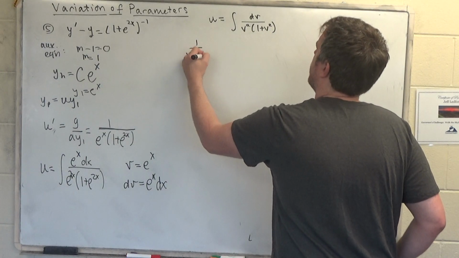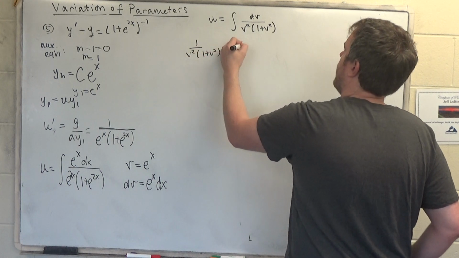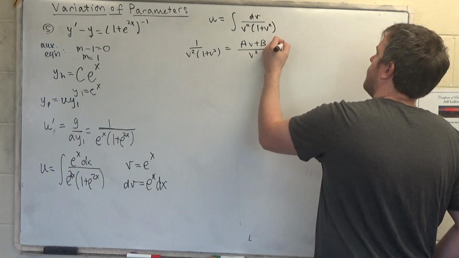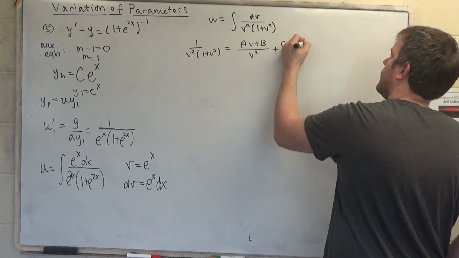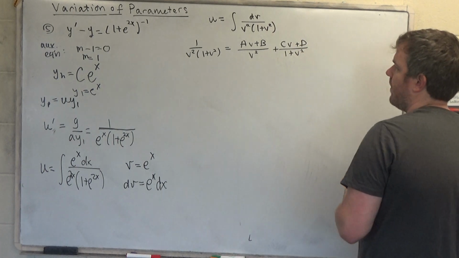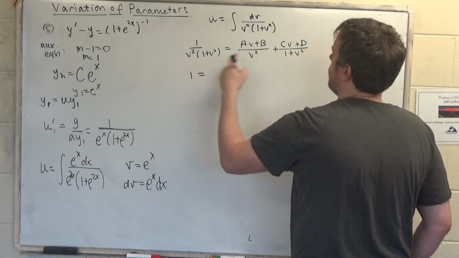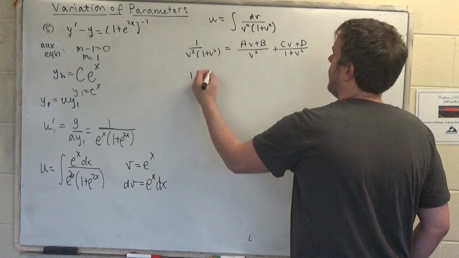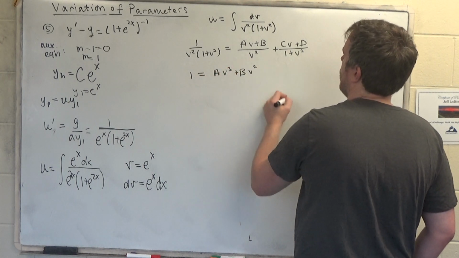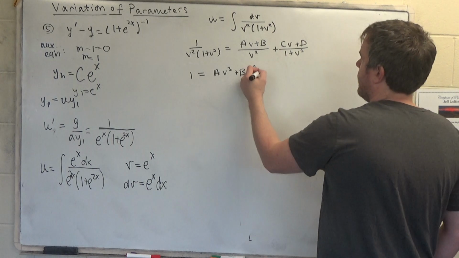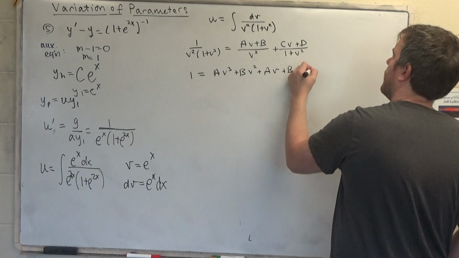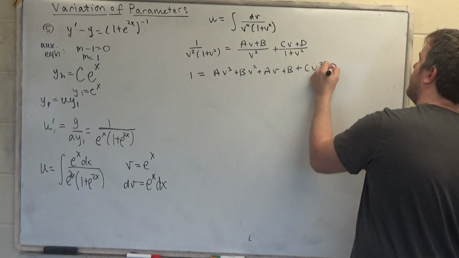1 over v squared times 1 plus v squared is av plus b over v squared plus cv plus d over 1 plus v squared. So that leaves me with 1 equals, and if I just cross multiply here, I'll get av cubed plus bv squared, excuse me, plus av plus b plus cv cubed plus dv squared.